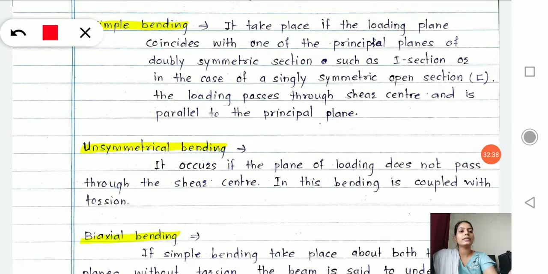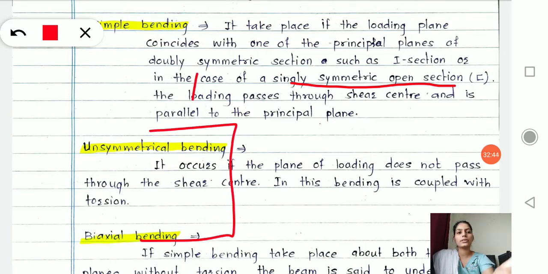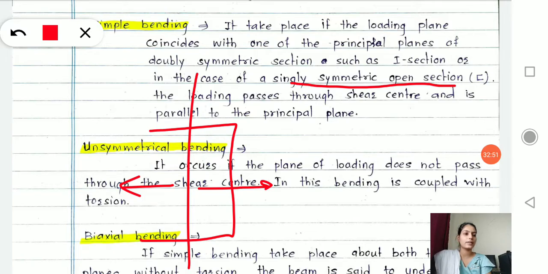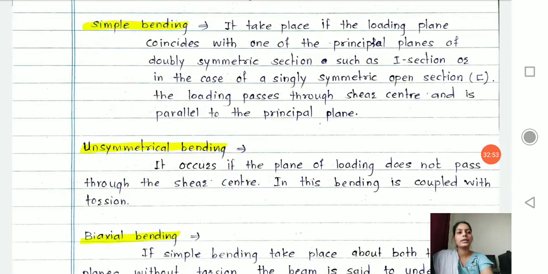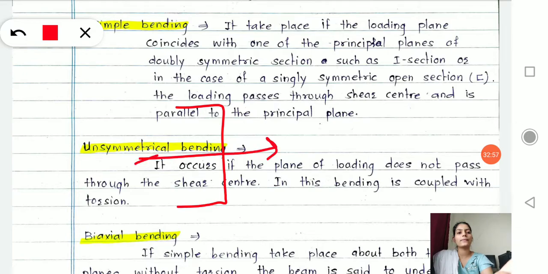See here, if I take a singly symmetrical open section, singly symmetrical means what? This is a section in which, if I cut in the y direction, the left hand side and right hand side are not symmetrical. But if I cut this section in the x direction, then the upper and lower parts of the section are symmetrical.